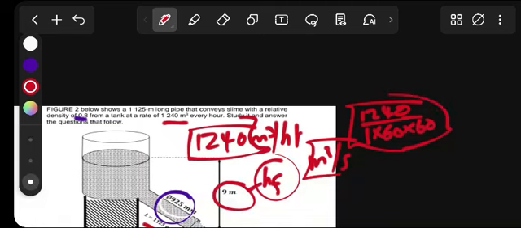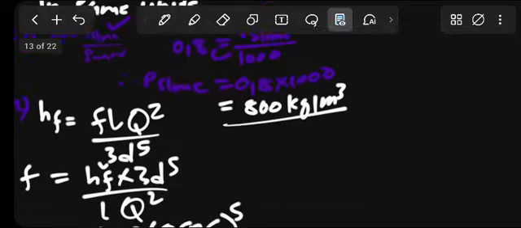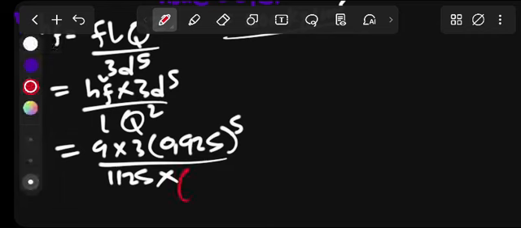We punch that on the calculator, or you can simply put it as it is, there's no problem. You have 1240 divided by 1 multiplied by 60 multiplied by 60, then you square that.